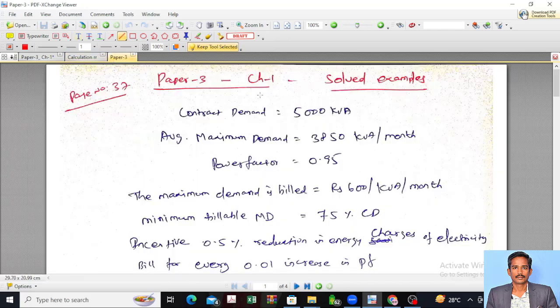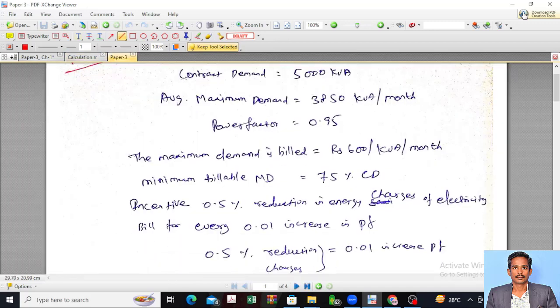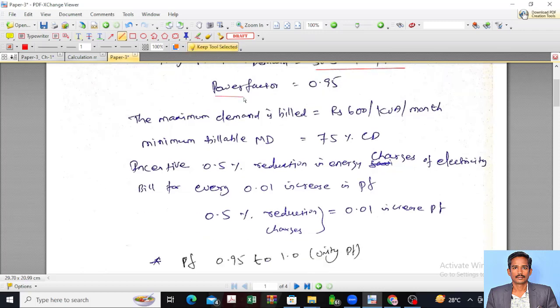Then our calculation goes on. The contract demand and average maximum demand are given, and the power factor is already 0.95. The maximum demand is billed at 600 rupees per kVA per month.